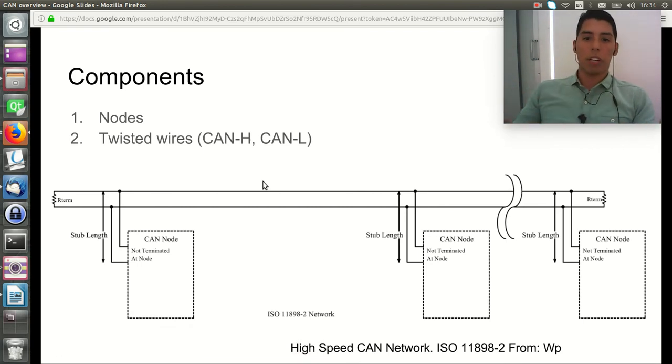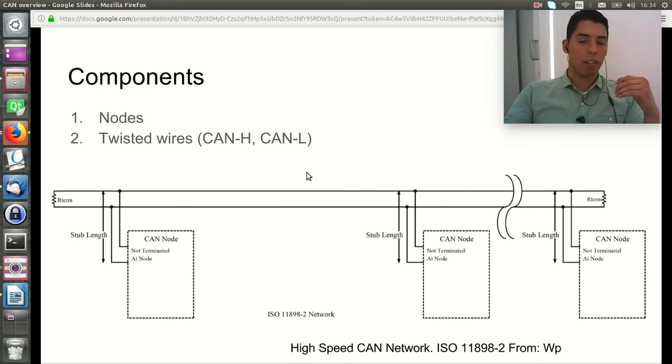There is a 2-wire bus to communicate between nodes. Those 2 wires are twisted and have resistors at the limits. They might be half-watt resistors.